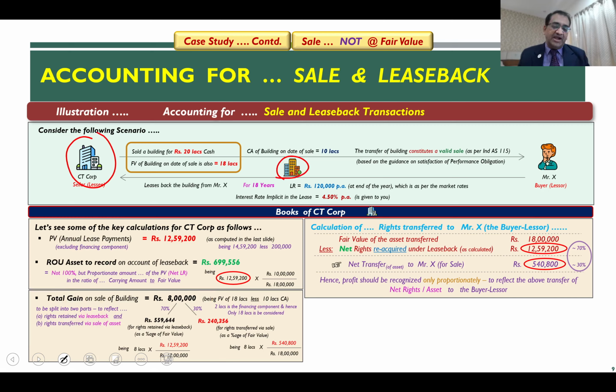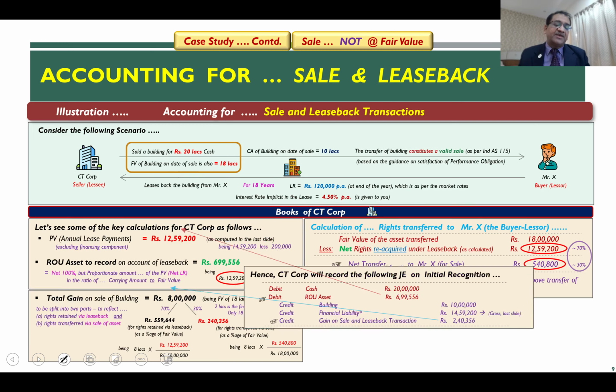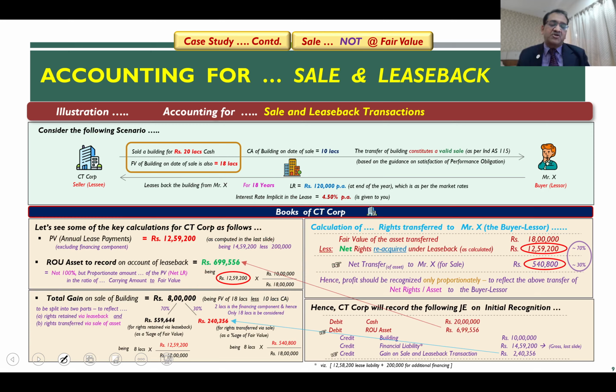So how will the journal entries look? Look at the right hand side bottom. Similar to what we saw in the last case study last week, just that here the numbers will change, and you will also have to bring in the 2 lakh rupees of financing component in the entire scheme of journal entries. So how will it be?